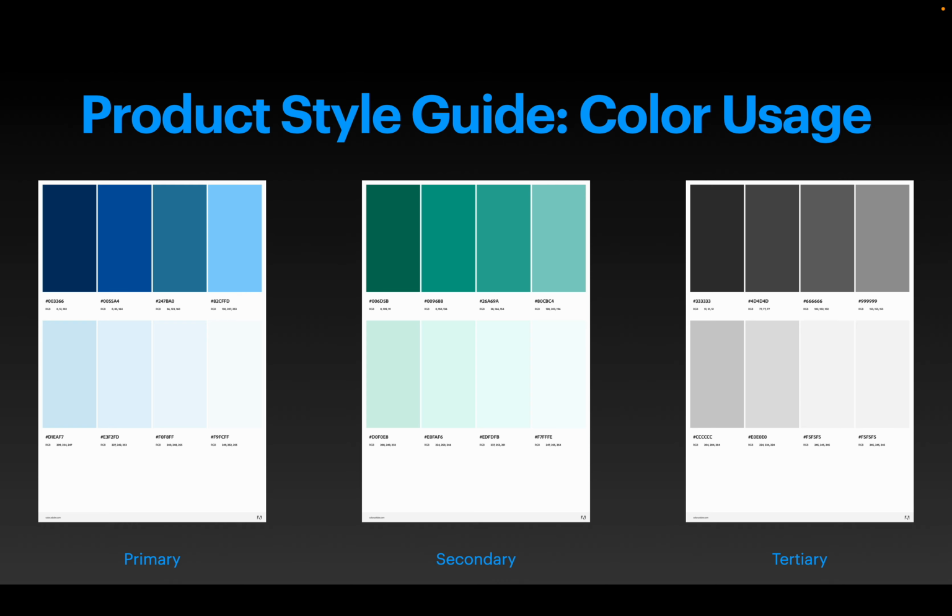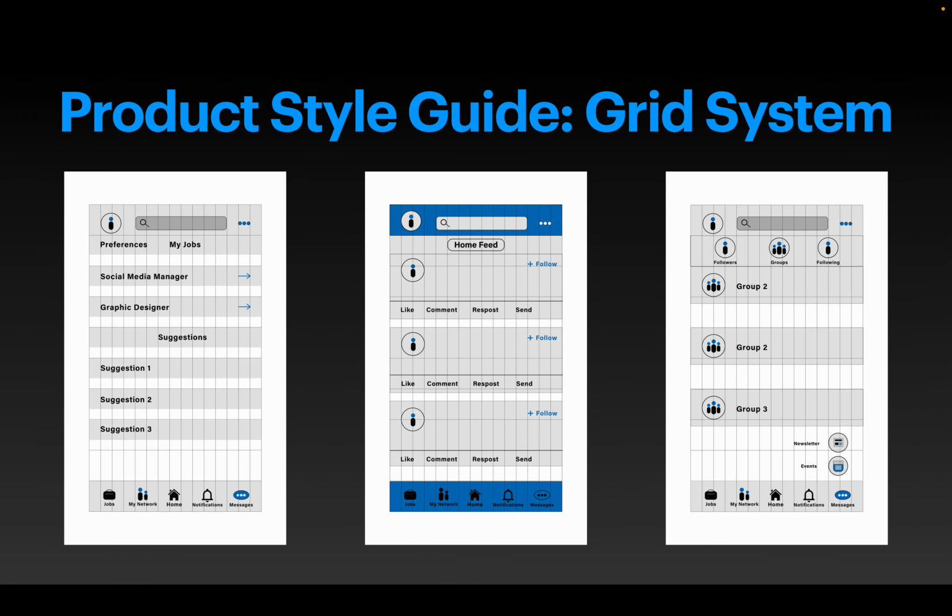And then my tertiary colors were black and white with some gray tones in the middle there. And then here is my grid system, which I use for aligning all of my elements within the prototypes to make sure everything was aligned and looking clean.